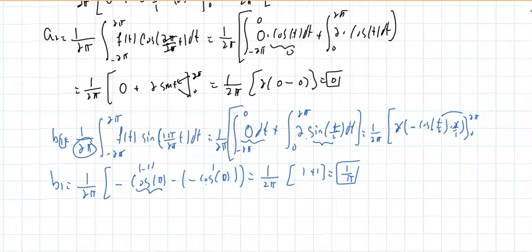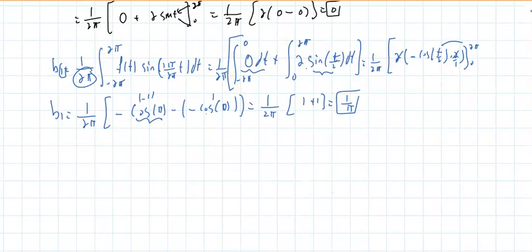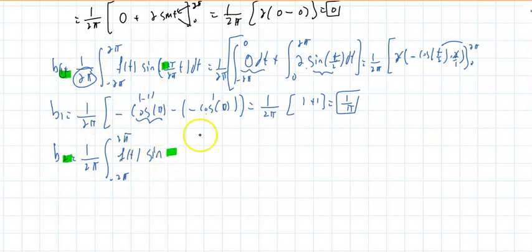Let's find the second b, b sub 2. So the work, if you're going to do those individually, they're just showing you how you get that. b sub 2 is 1 over 2 pi, the integral from negative 2 pi to positive 2 pi of f of t times the sine, and again, of 2 times pi t over 2 pi dt.